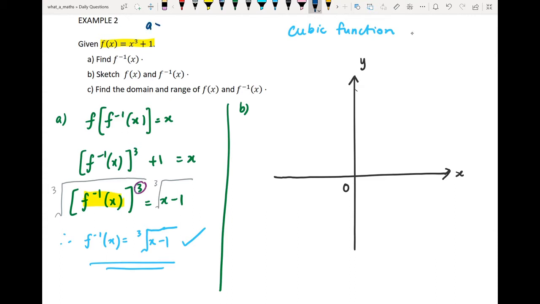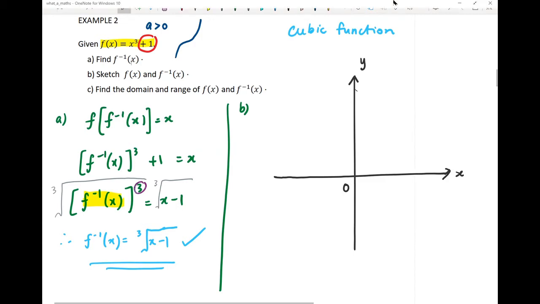a is equal to 1, so a is positive, which means it will look like a snake going up. Over here there is no bx squared, and there's also no cx, so I can play with translation. Here I have plus 1, so my graph will go upwards by 1 unit.